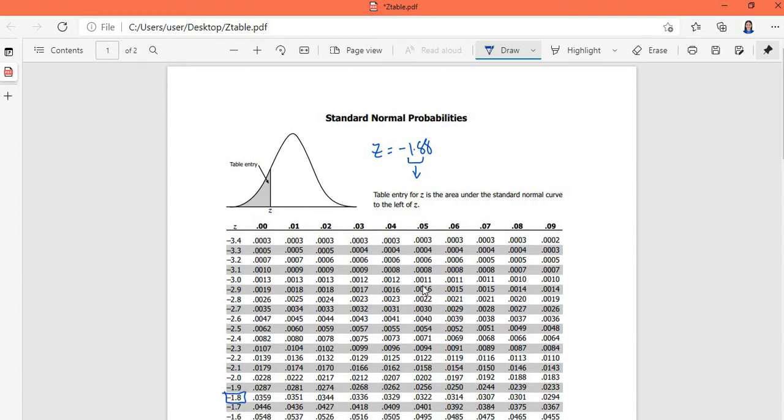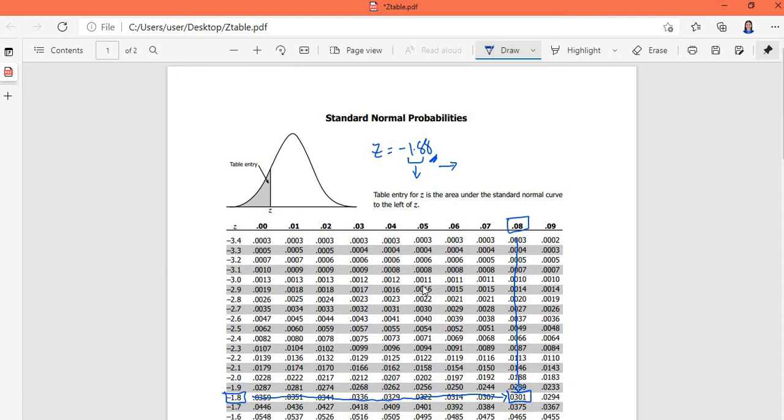Then the last digit is 8, and that is our basis to go to the right. So since this is 8, and this is negative 1.8, negative 1.88 will be the area of their intersection. So basically, we need to be keen in observing here and be careful with the values we are copying.